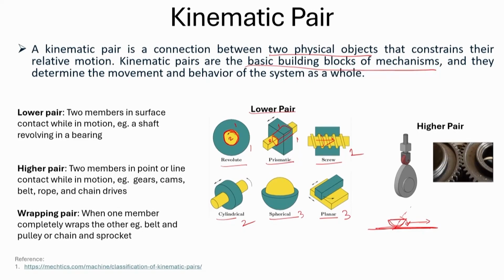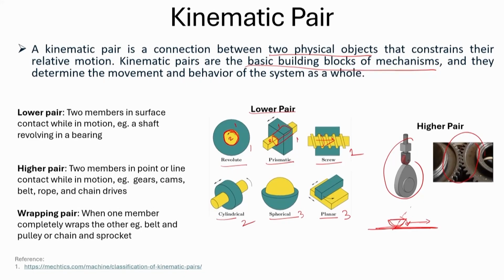So, you can have 2 degrees of freedom in this higher pair, but the higher pair's definition is that the 2 members will be touching either in a point or in a line. Okay. Like the gears, best example, or the cams, belt, ropes and chain drives.